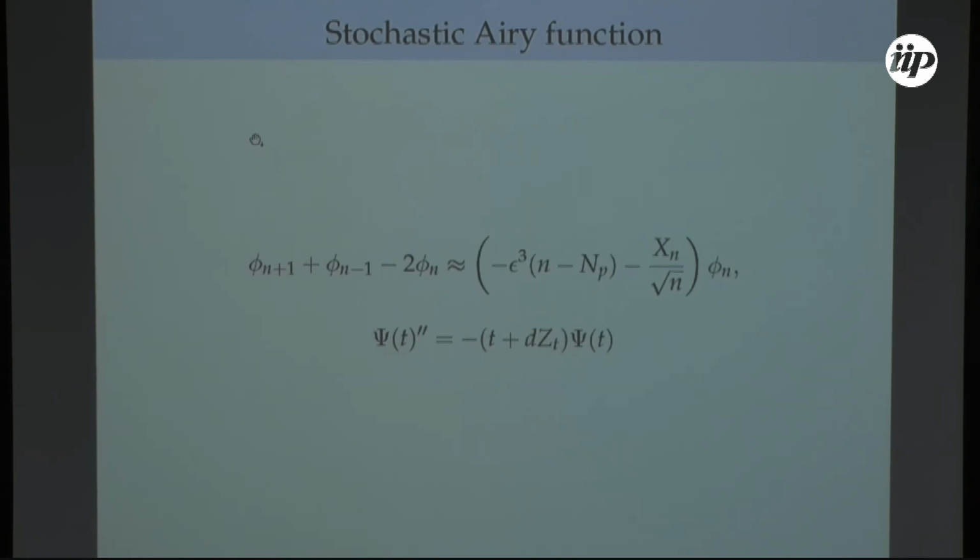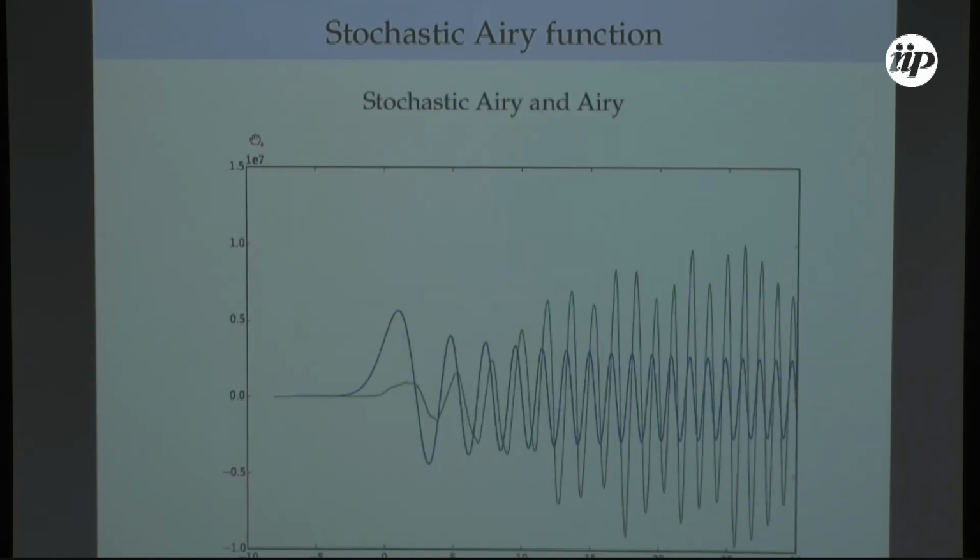So psi double prime is minus g plus dzt, an increment of some real Brownian motion, excuse me, times psi. So this equation is the stochastic Airy equation.